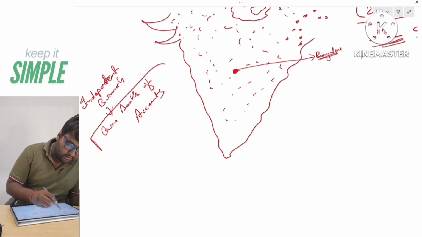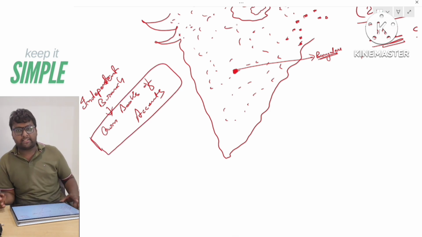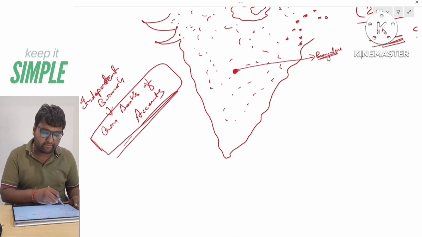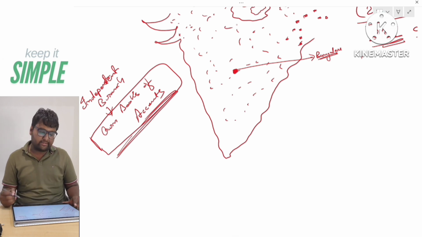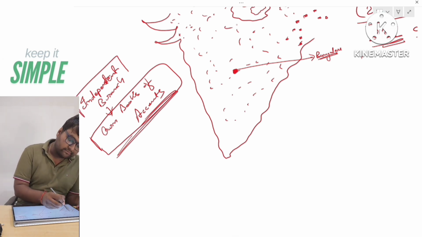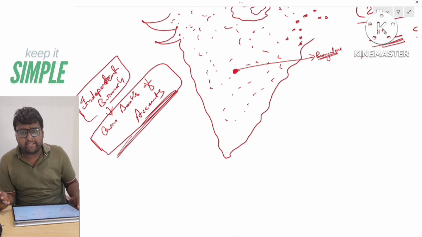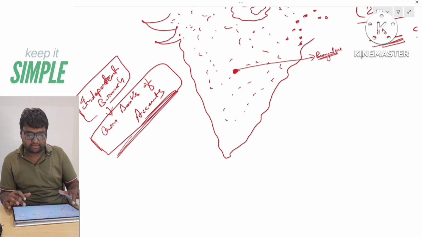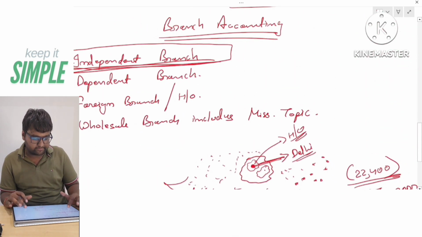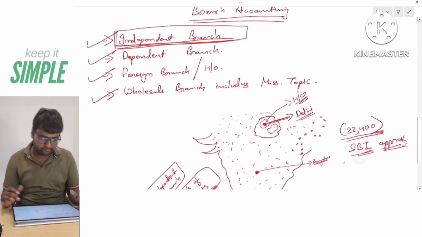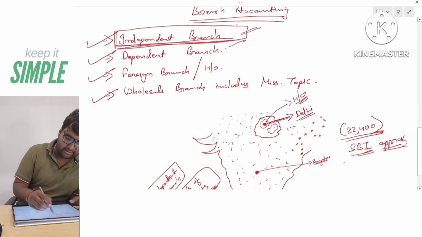Okay. So if a particular branch is maintaining its own books of accounts, then it is called an independent branch. And if it's not maintaining its own set of books, then it is called a dependent branch. Understood? What is dependent branch and what is independent branch?